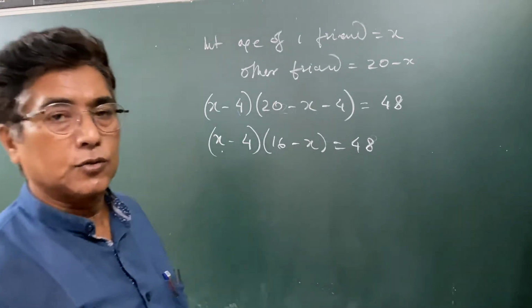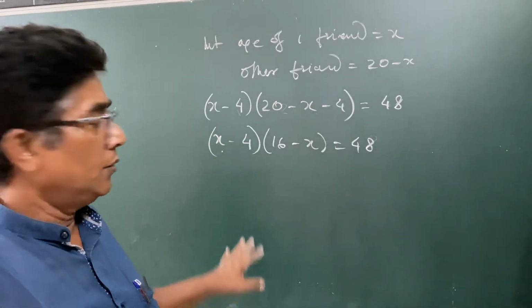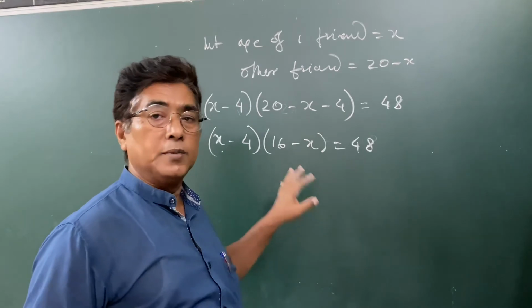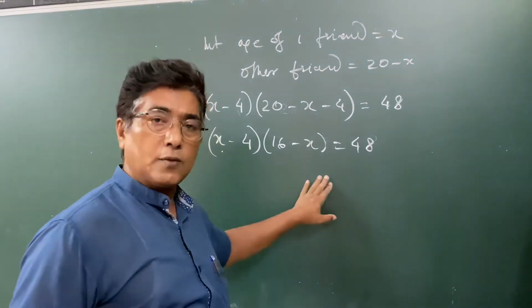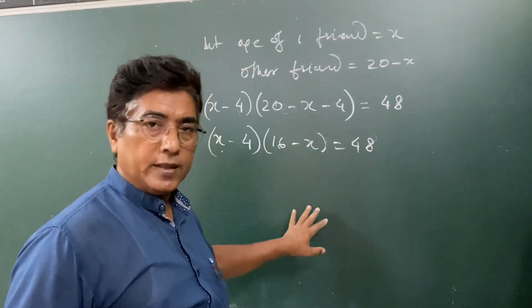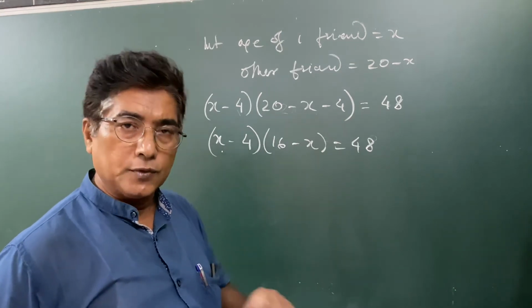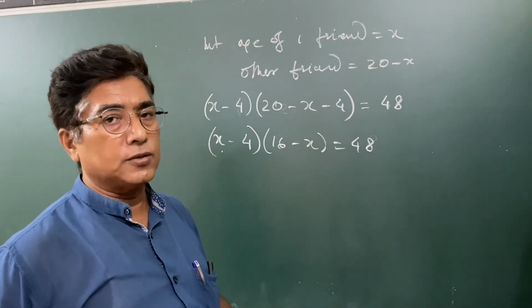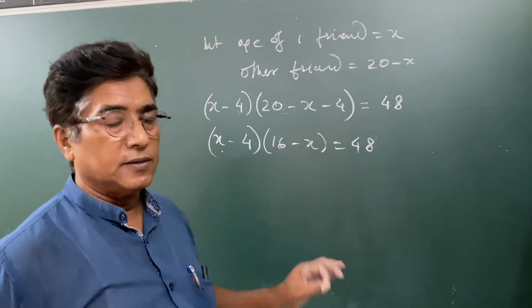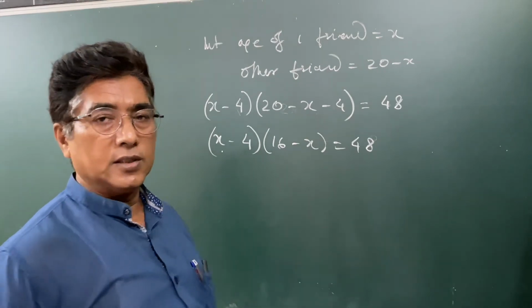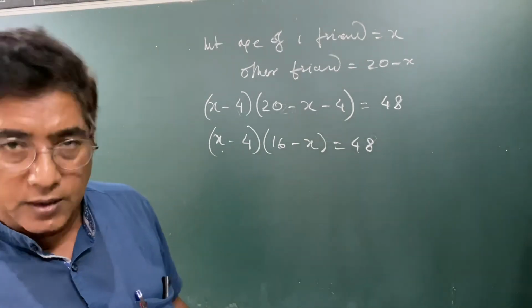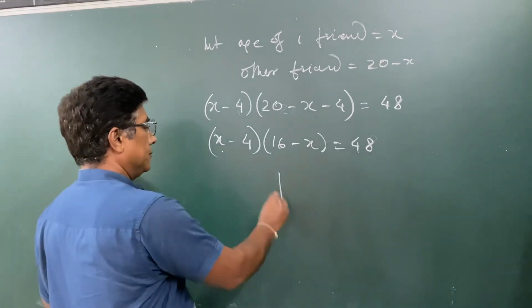They didn't ask us to solve. They asked whether this situation is possible or not. So after forming the quadratic equation, you find b square minus 4ac. If it is negative, then you say this is not possible. So continue.